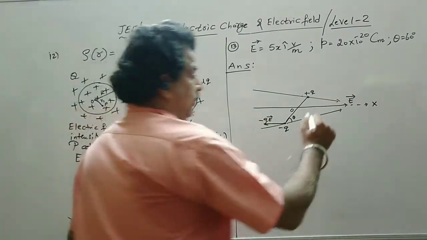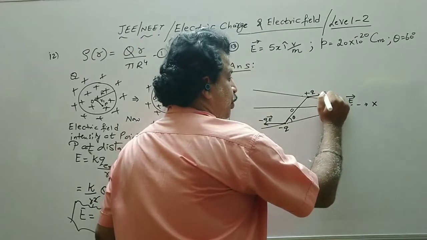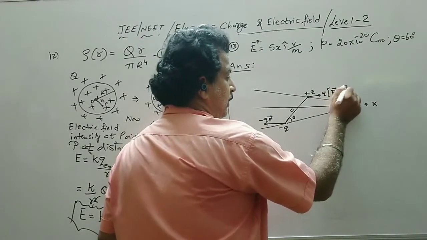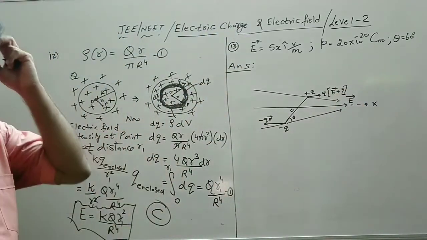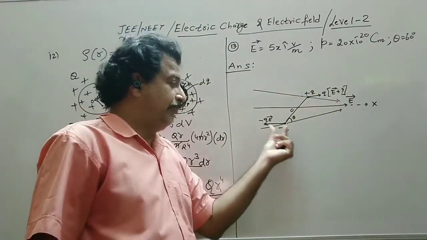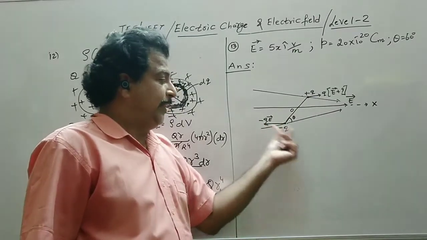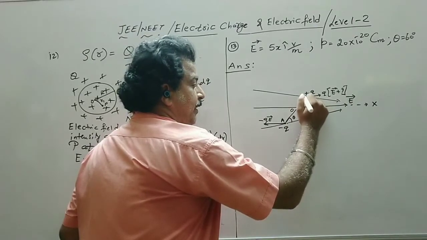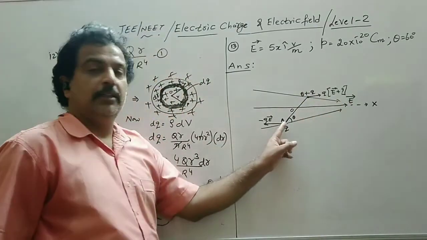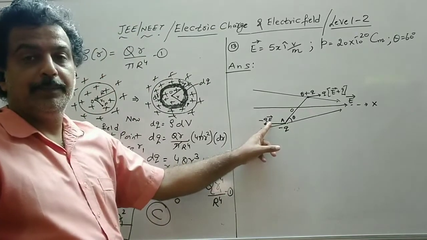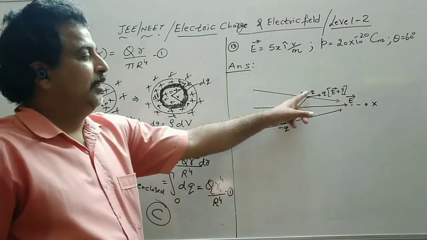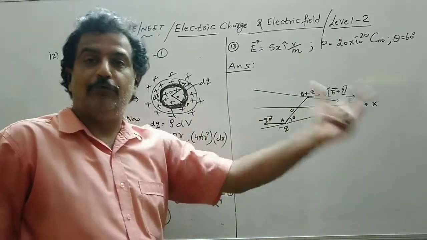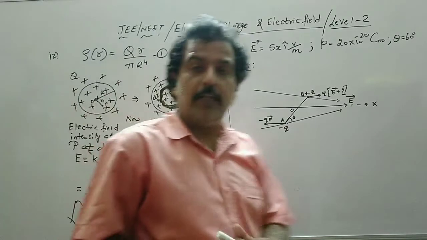But here the force will be Q into E plus something, that is, the field will be more. So here the field is assumed at the negative charge, or let us say point A, this is point B. So at point A the field is assumed to be E. At point B the field should be greater than this. How much? That we have to find out with the help of the theory.